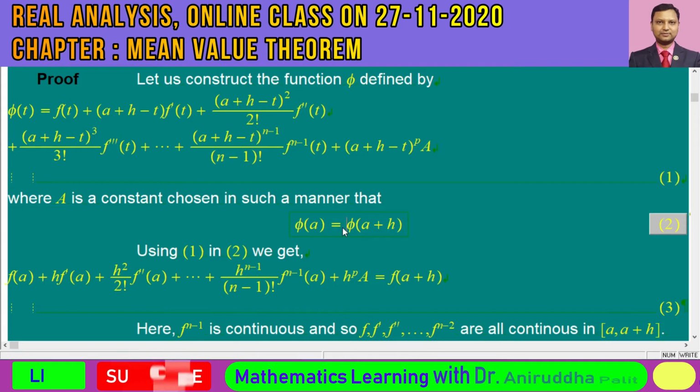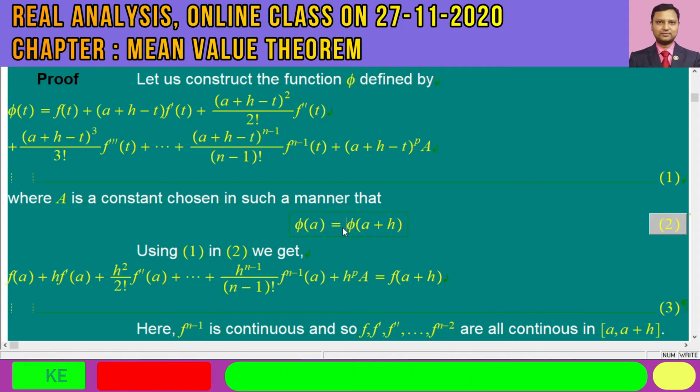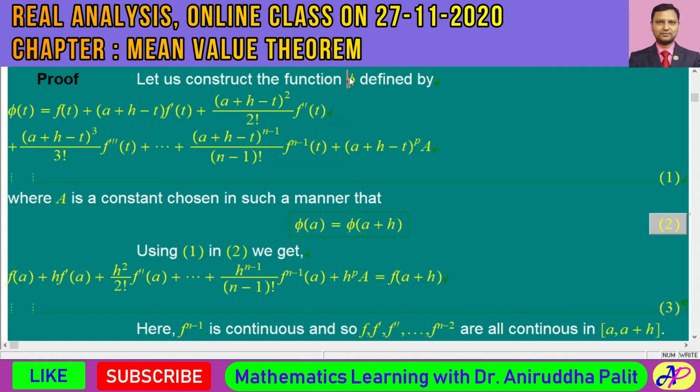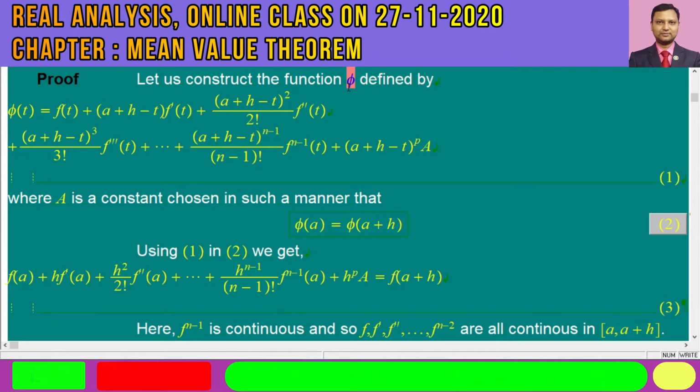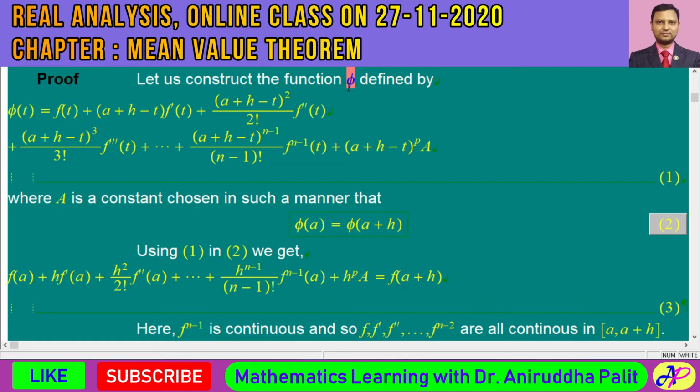So ultimately our target is to satisfy the conditions of Rolle's theorem by the function phi. That means we are going to prove that this function phi is a continuous function in the closed interval a comma a plus h. That is the first condition of Rolle's theorem.